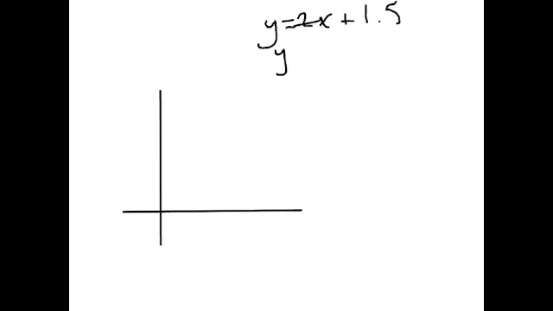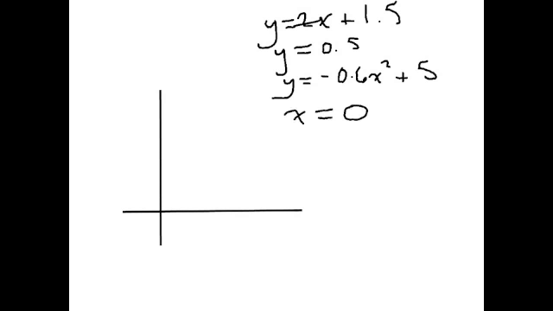Second function is y equals 0.5. And then y equals negative 0.6x squared plus 5. And the third function is x equals 0.